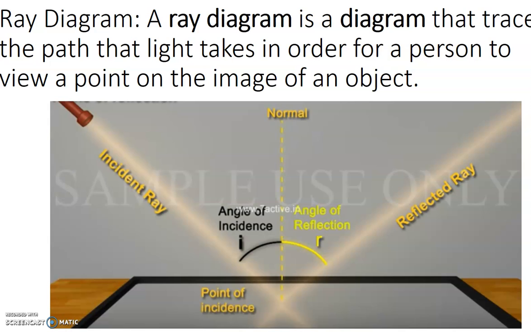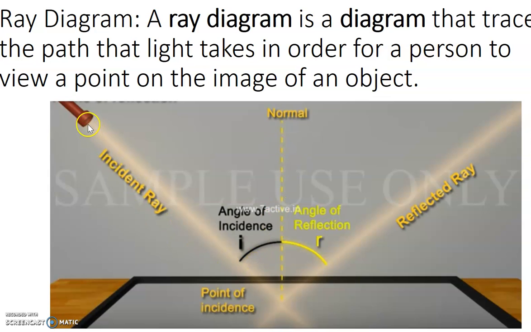So a ray diagram basically consists of the light which hits the surface and the light which bounces off from the surface. It is the representation of the path of light using a line with an arrow. So here, this diagram shows a ray diagram for reflection.